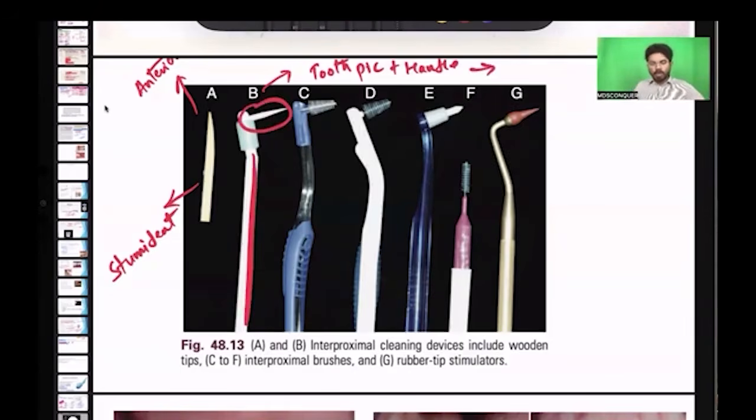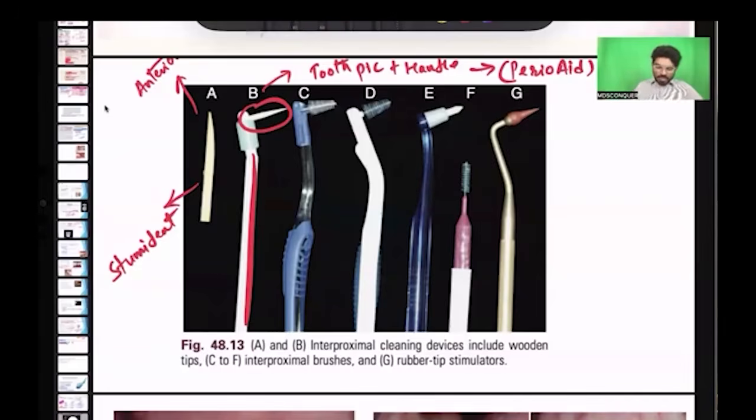The name of toothpick plus handle is called perio-aid. It is a 2 marks question, perio-aid, for the final year theory exam. It's right. Perio-aid.